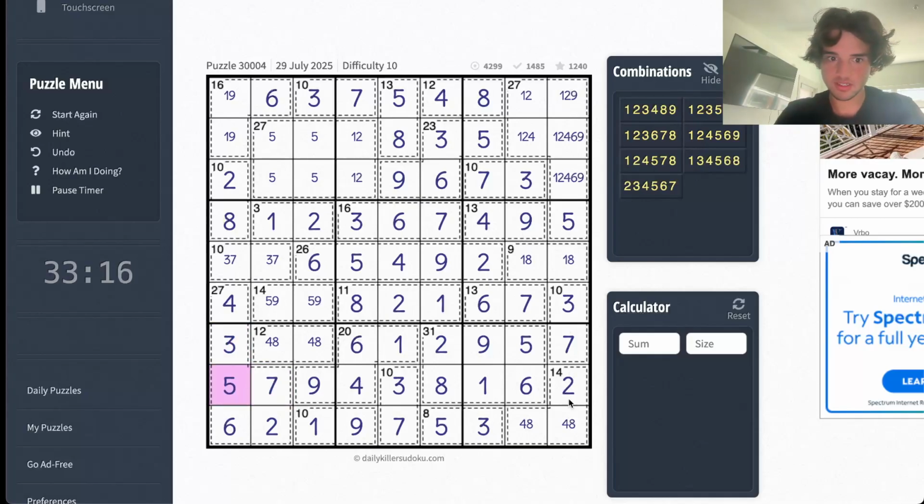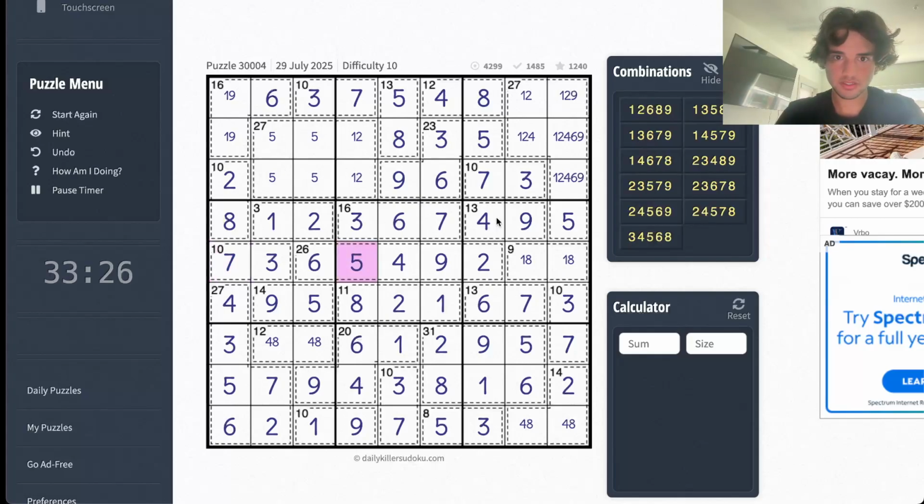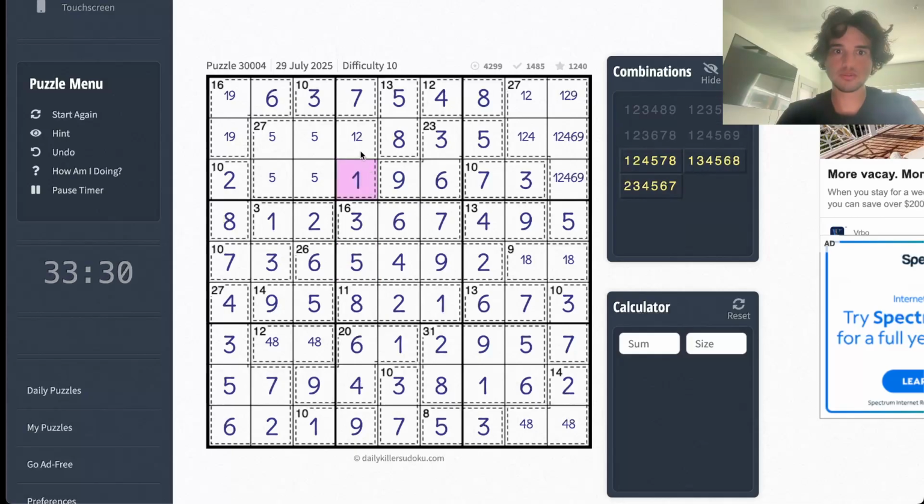Now 4, 8, not eliminated, 5, 9, there it is, 9, 5, your 7 and your 3 there. Okay, and 1 and 2, there we are, 2's eliminated, 1's eliminated, 6 is eliminated, should place a 6 there. It's still 1, 4, 8, come on, okay.